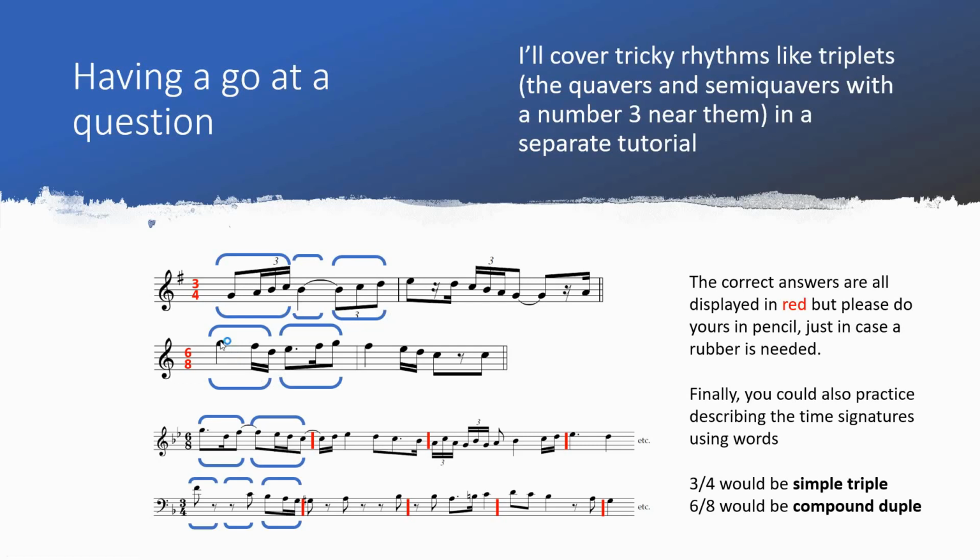But it is not. This is where the little rule about beaming helps. And if you rewind and have a look at the previous bit where I did a bit on beaming, you'd see that what happens here is this little bracket or group or beam here adds up to a dotted crotchet, not a crotchet. So this adds up to a dotted crotchet.